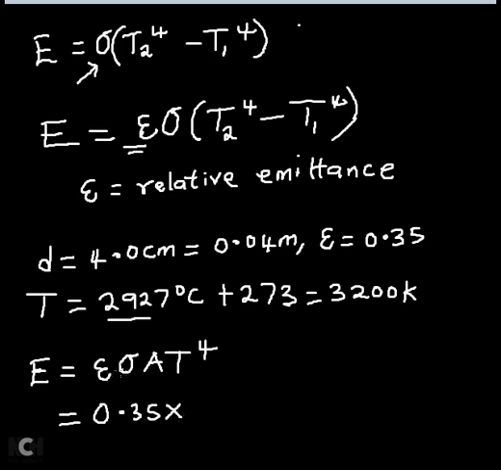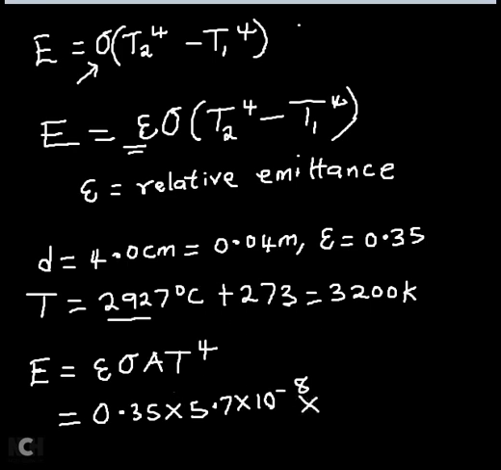multiplied by the Stefan-Boltzmann constant, which we already know is 5.7 times 10 raised to the power of minus 8, then multiplied by the area.